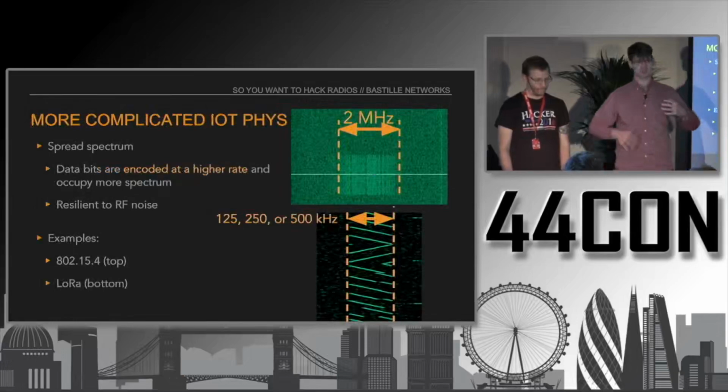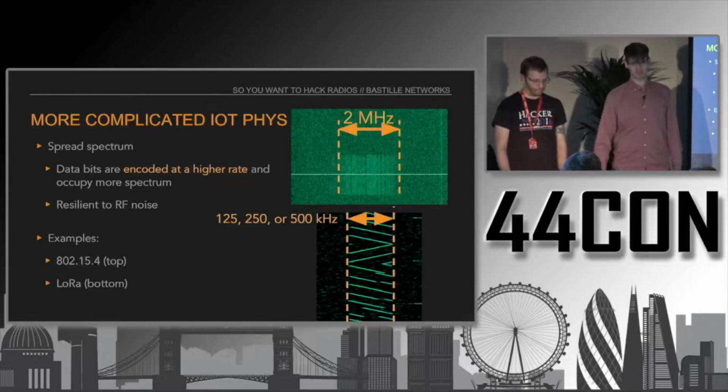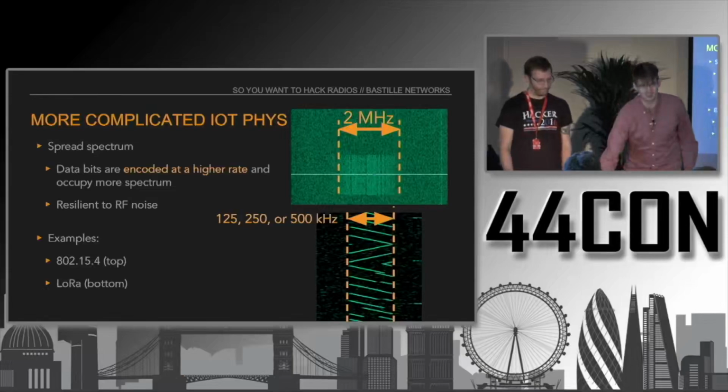You can modulate multiple parameters in conjunction. You can do things like spread spectrum, where you use more bandwidth to make them more resilient. We have good confidence that the system we're going to be looking at is going to be pretty simple. So we shouldn't have to worry about any of these more complicated examples. I think we're going to have a nice low complexity thing to work through today.